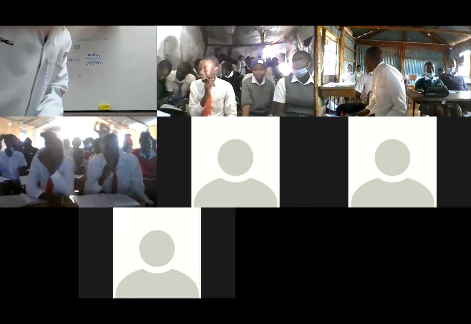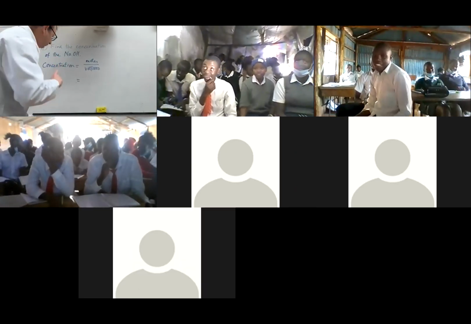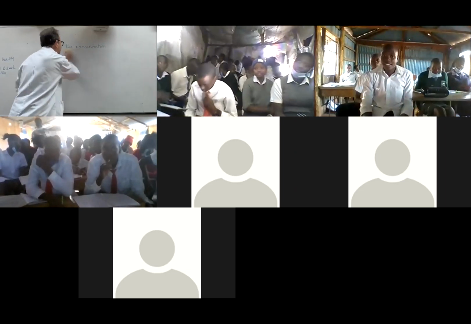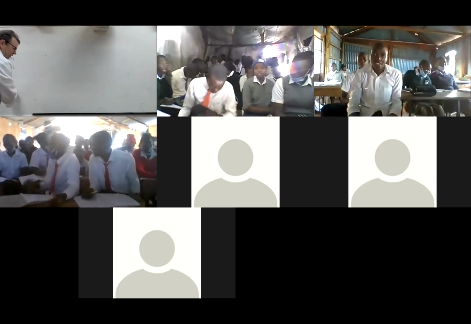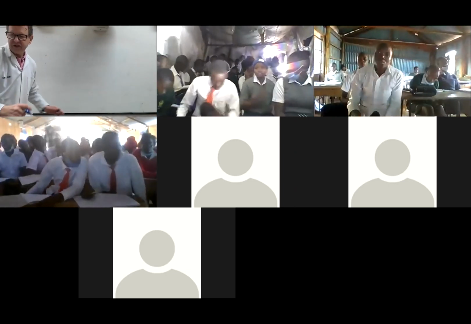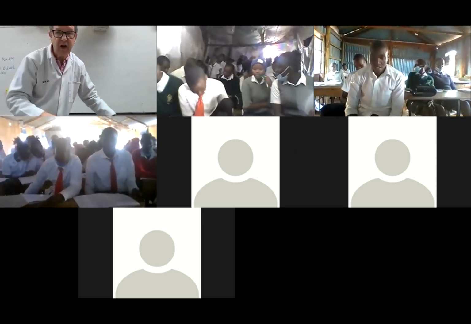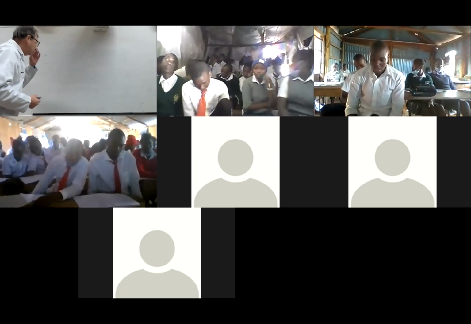So let us just look back at what we have just done. This is important. So that was 0.00982 divided by 25 over 1,000.